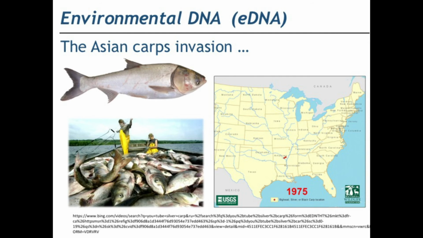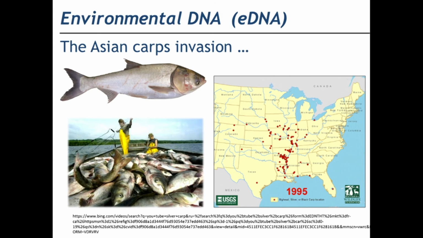There are 4 species of those, and it all started when these 4 species were imported from China for plant control and in fish ponds, but quite quickly the fish escaped the ponds. Every biologist would have predicted that. They just started expanding throughout the Mississippi system.